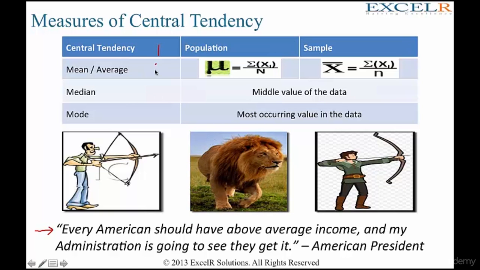If you have numbers 1, 2, 3, 4, 5, if you take an average, it is the summation of all these numbers, 15 by 5, which is 3. You'll have a few numbers which are below your average. You'll have a few numbers above the average. How can you have everyone having above average income? Is that possible? Give a thought.